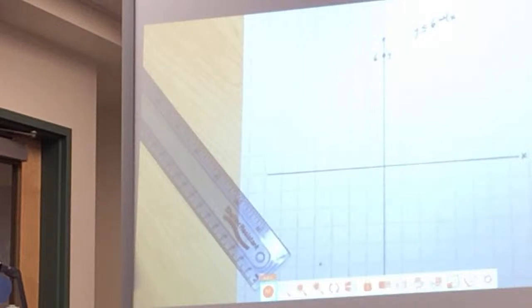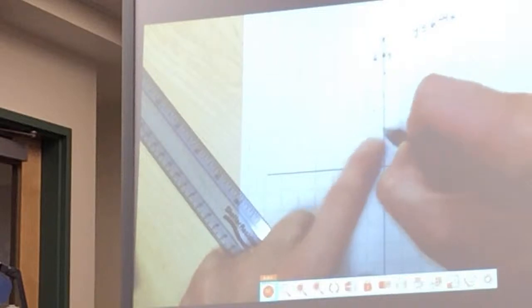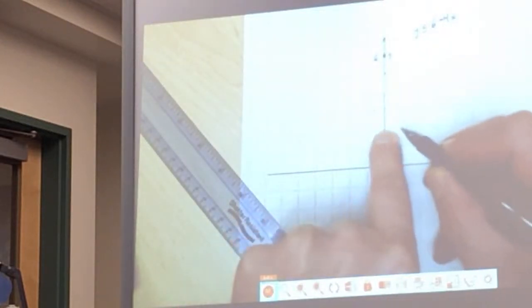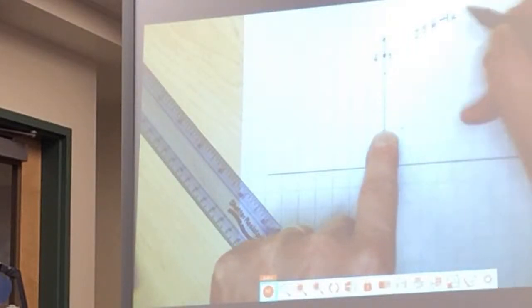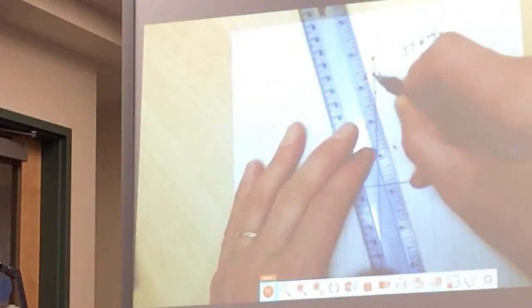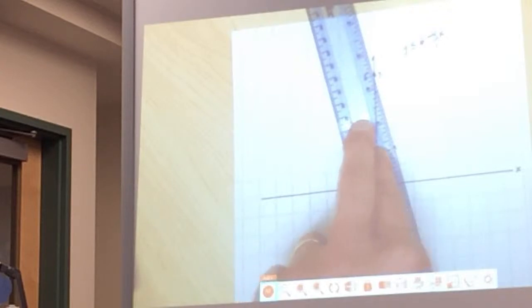So if you read it as a fraction, the top number is the rise, the bottom number is the run. Down 4. And which way? Forward 1. There's a point. So now before I draw the line, is it going to be a solid line or a dashed line? Solid line. Good, thank you.